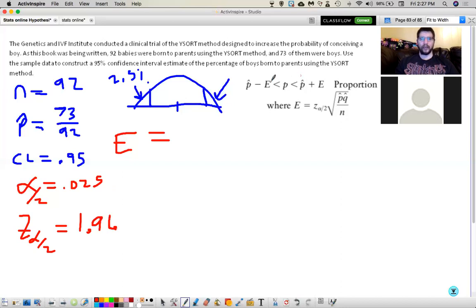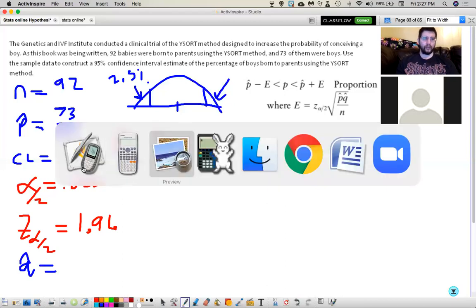And we're actually going to use the positive and the negative, so we don't worry about the sign there. We just use the 1.96. The positive and negative would take care of themselves here. P hat, we got that. Q hat is the complement of p hat.